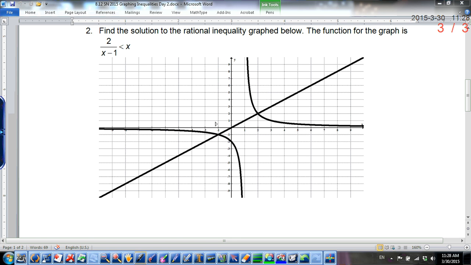So I'm going to choose to highlight the rational expression in green. And then I'm going to highlight my linear function in pink.